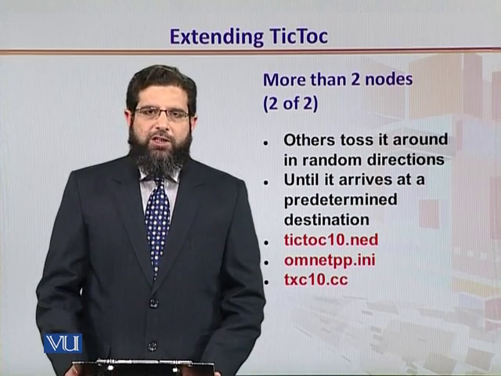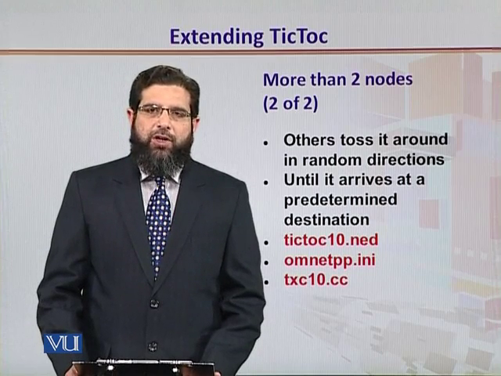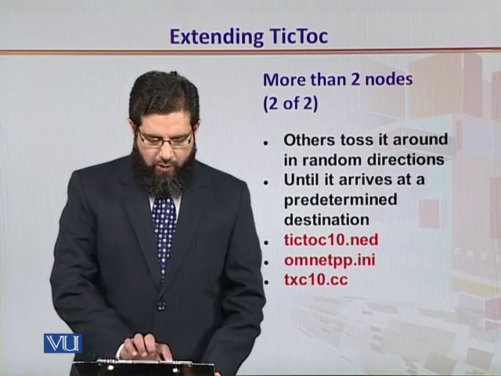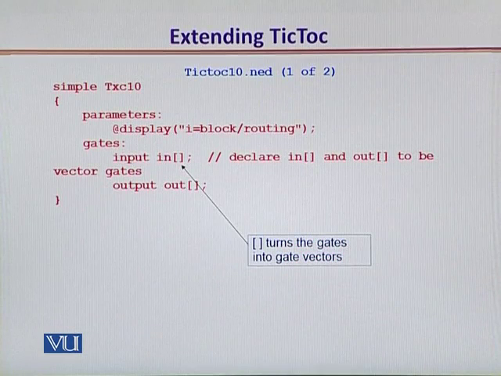For the sake of this module, please refer to ticktalk10 txc10.cc. When we look at the NED code here, we see that the gate is no more input and output. In fact, it is input in with square brackets, starting and closing square brackets, and output with starting and closing square brackets. What does this mean? It means now we are not creating just one in and one out gate.